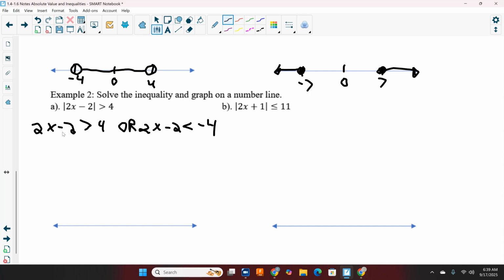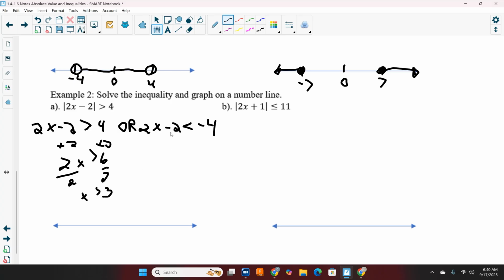So we got 2x minus 2 is greater than 4, or 2x minus 2 is less than -4. You're going to solve your inequalities. Add 2 to both sides. 2x is greater than 6, divide by 2. X is greater than 3.